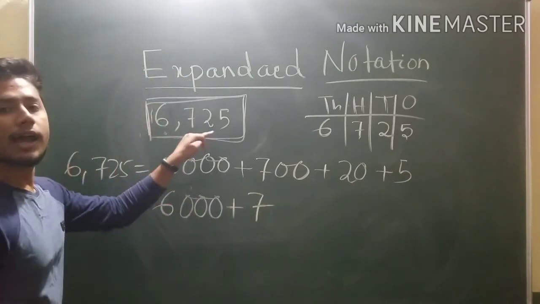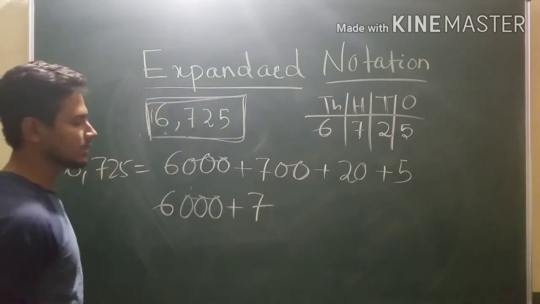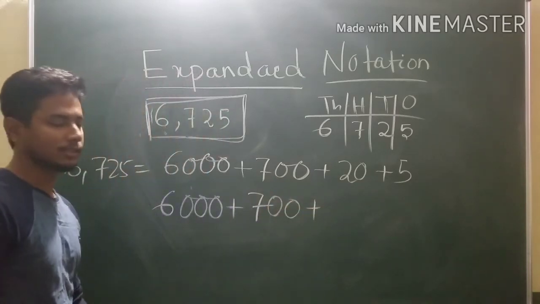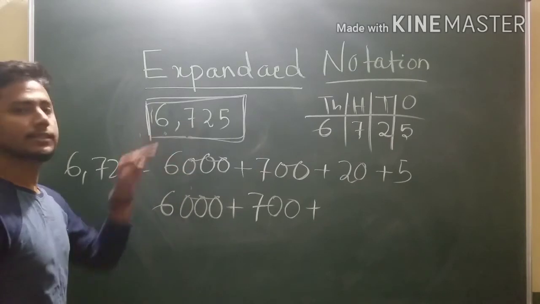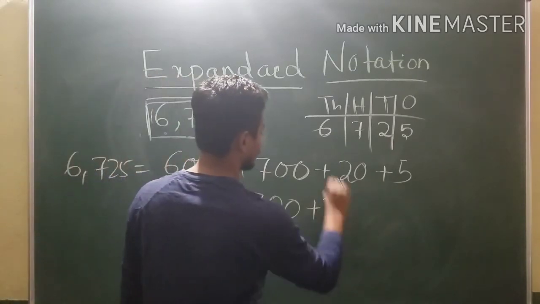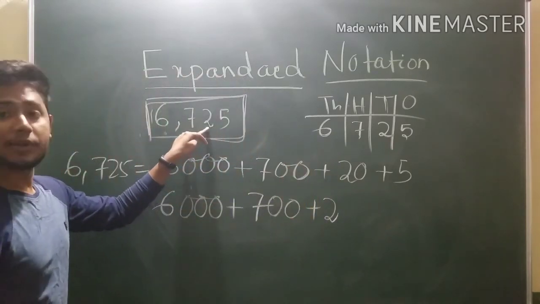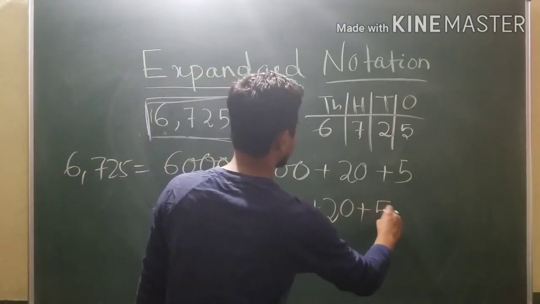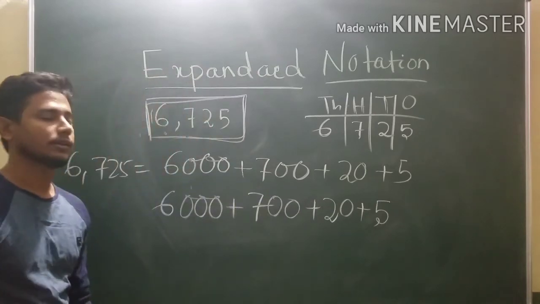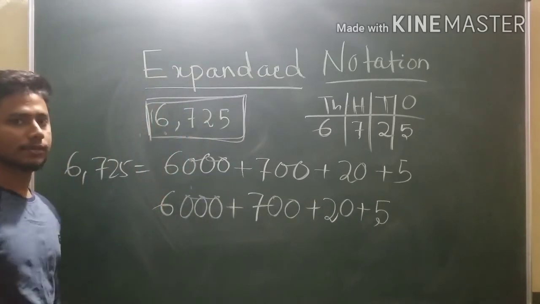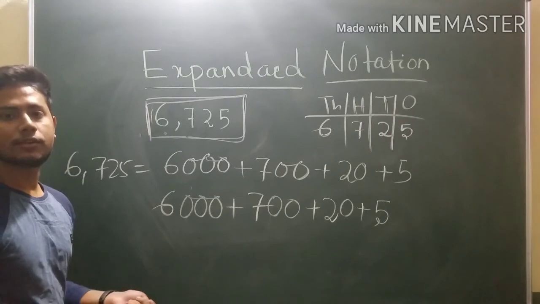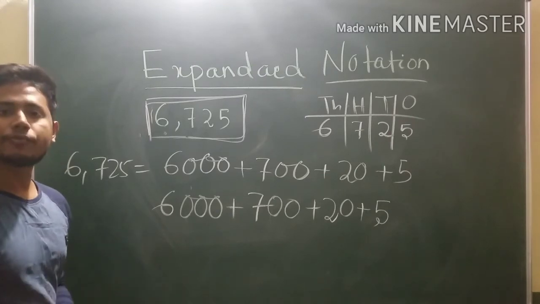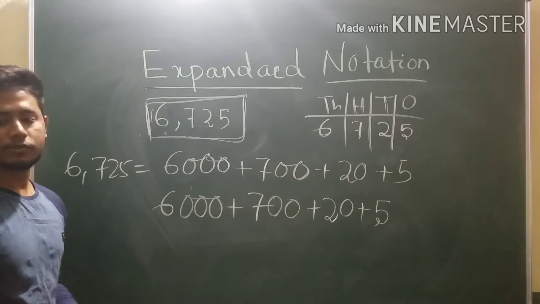After 7, how many digits are there? 2 digits. So write down 20. Got it? After 2, how many digits are there? Only 1. Then put 10. Then only 5 is left. So you can do this in 2 ways. Whichever way you find easy, follow that way. All of you got expanded notation?